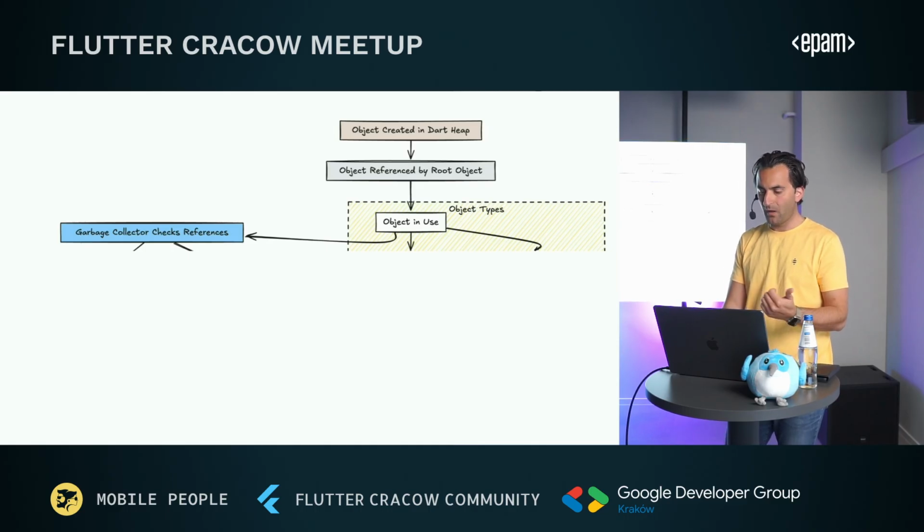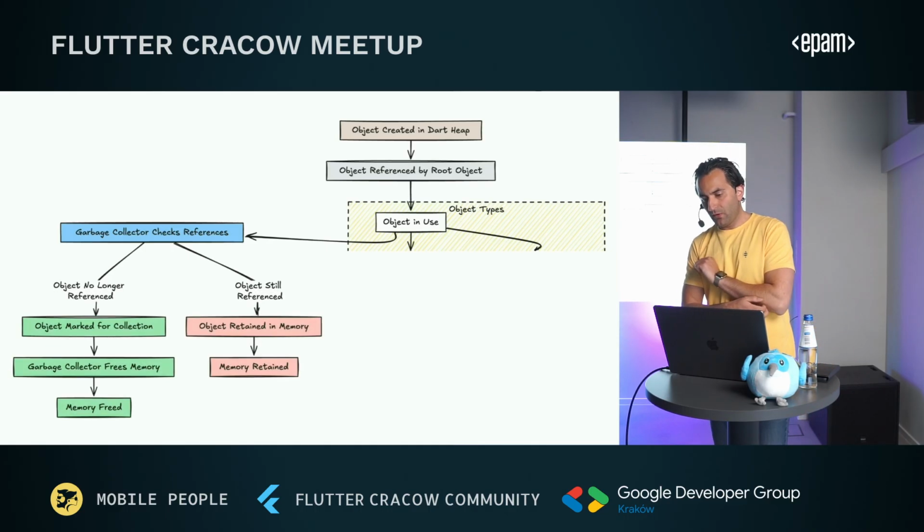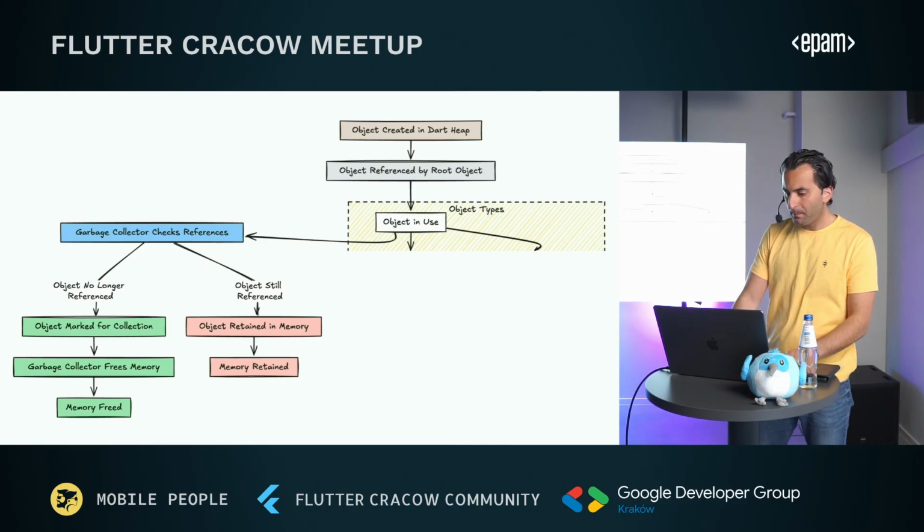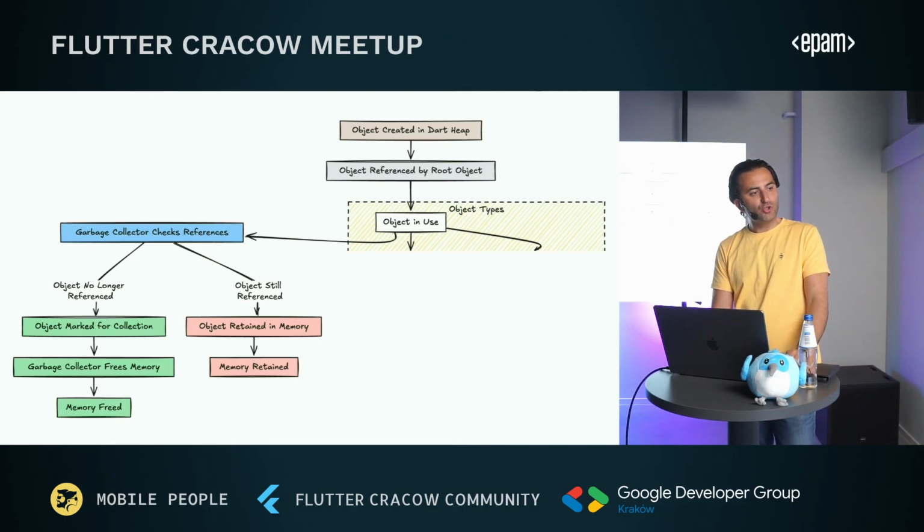But essentially, you will see in this diagram, if there is no reference to the object, it goes to an algorithm called mark and sweep.